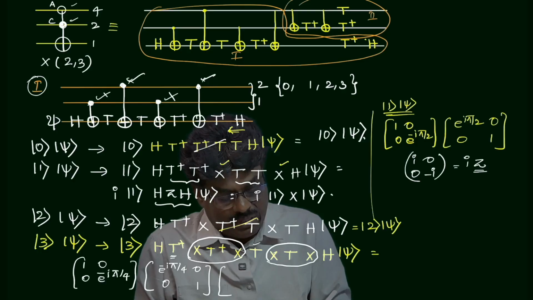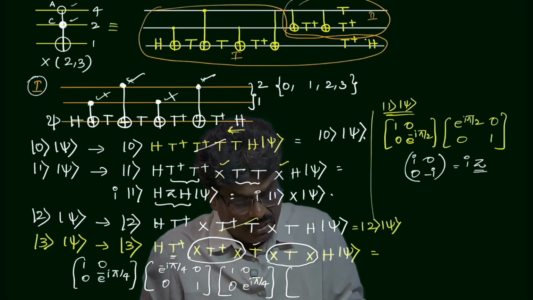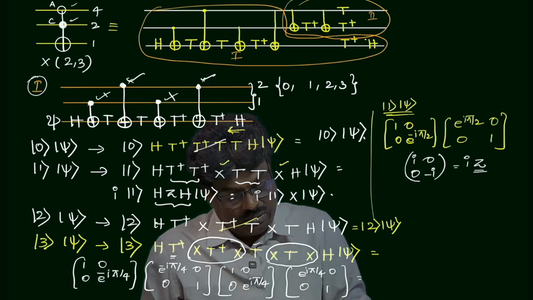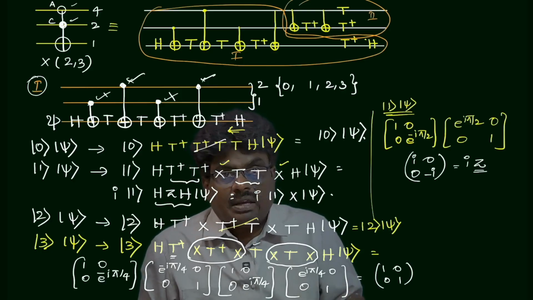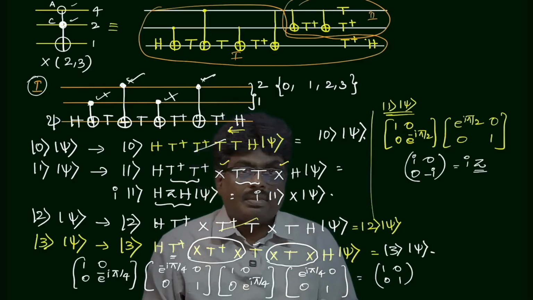Next after that we have T, that is 1 0 0 e raised to i pi by 4, and here we have X T X, so interchange the diagonal elements of T, e raised to i pi by 4, 1. All are diagonal elements, just multiply. So we get 1 0 0 1, I. Finally this is H square, H square is also I, that's why it becomes 3 psi. That's it.